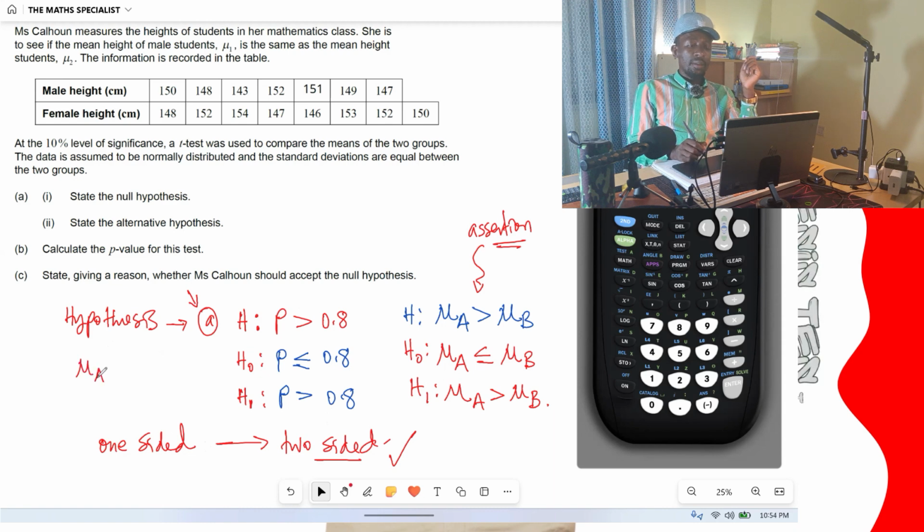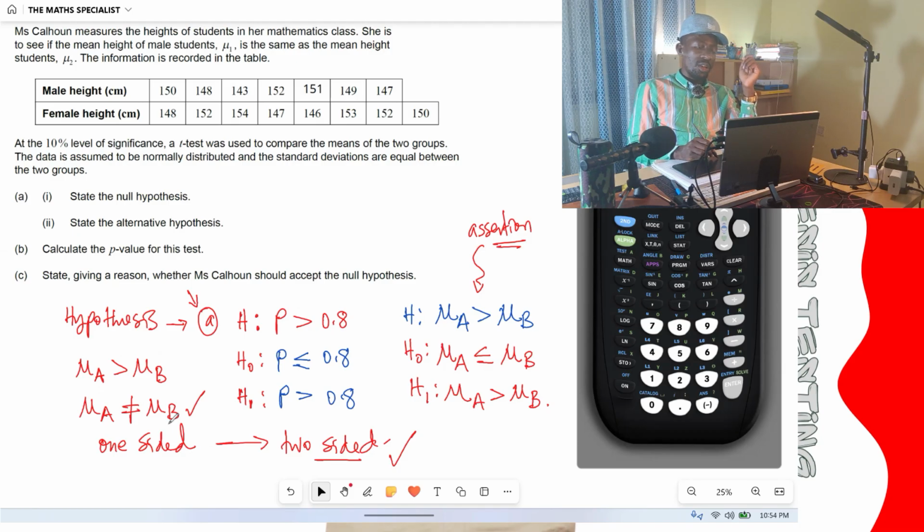One-sided hypothesis is, for example, here you are given the mean of product A is greater than the mean of product B, and the two-sided is the mean of product A is not equal to the mean of product B. Wherever you see not equal, this indicates that this is a two-sided hypothesis.